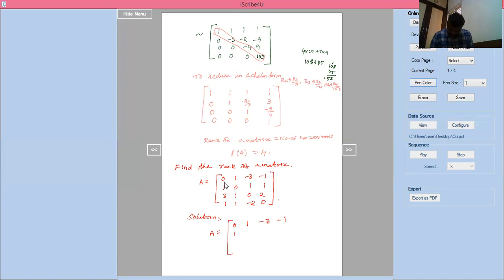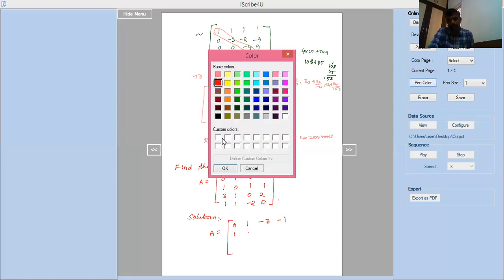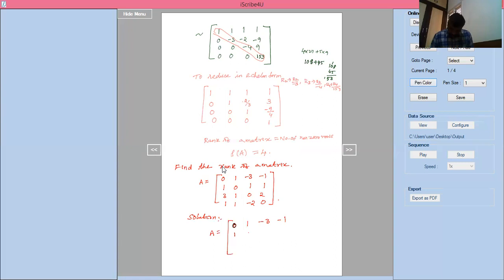Next row 1, 0, 1, 1, then 3, 1, 0, 2, then 1, 1, minus 2, 0. This is the A matrix.